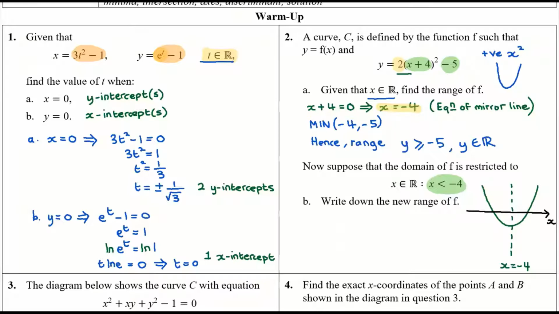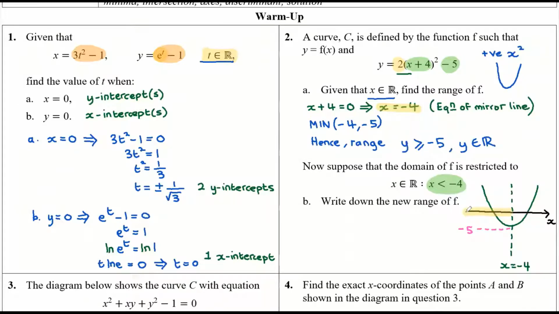All right, so what happens to the range? Well, we know that the y value right here at that minimum point is -5.